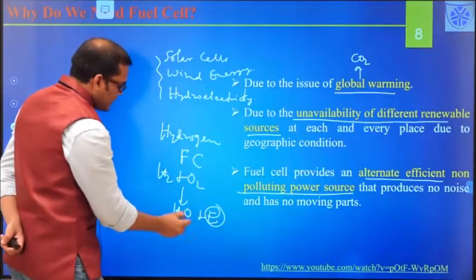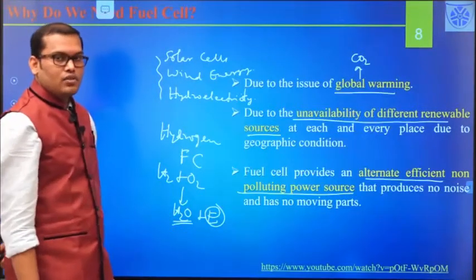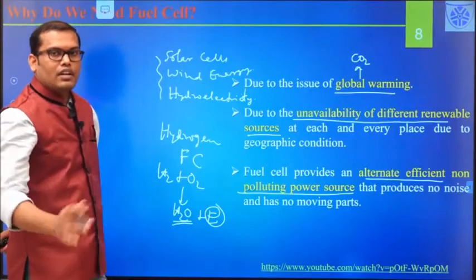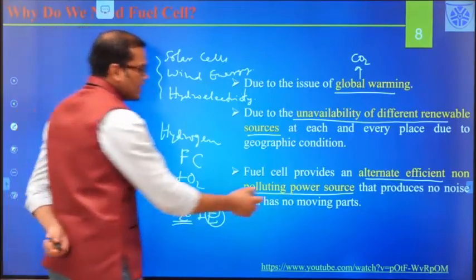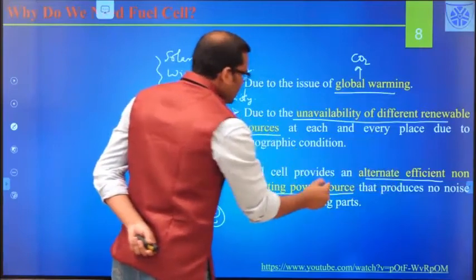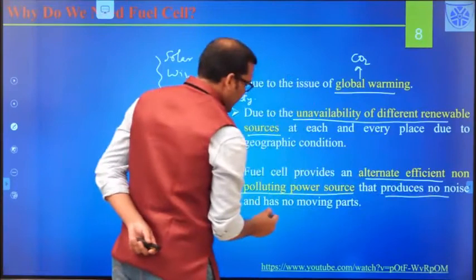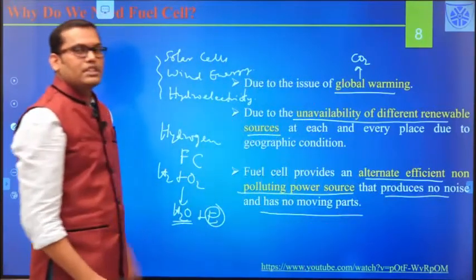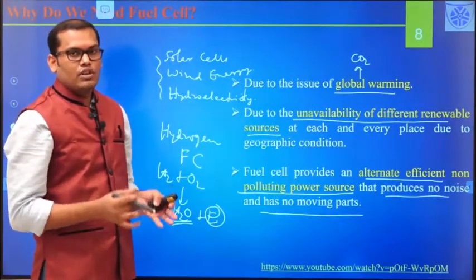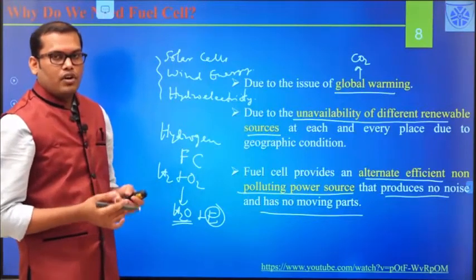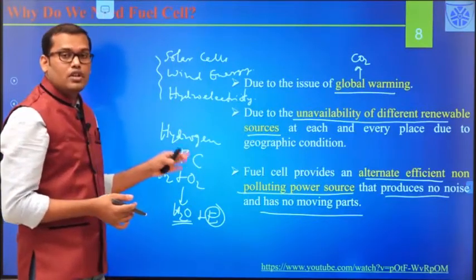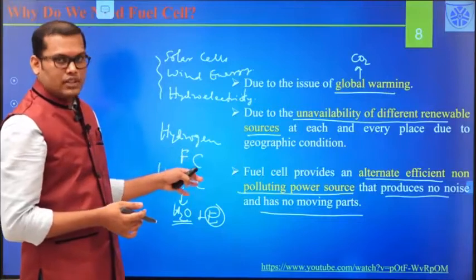So you can see that as a product you are getting only water, there are no polluting gases or any other substances. So that's why it is an alternate, efficient, non-polluting power source, and it also produces no noise and has no moving parts. So it's basically a stationary system. So if you want to install it in a home or in a building, this is one of the good options to get electricity out of it, right?